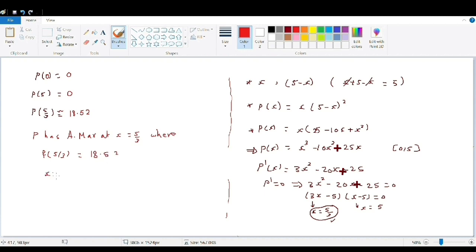So our x is equal to 5/3, and we said that the second one will be y, which is equal to 5 minus 5/3, and this will give us 10/3. So the two numbers are 5/3 and 10/3.